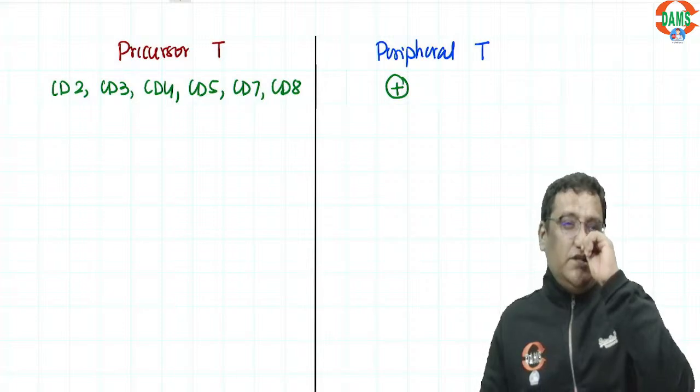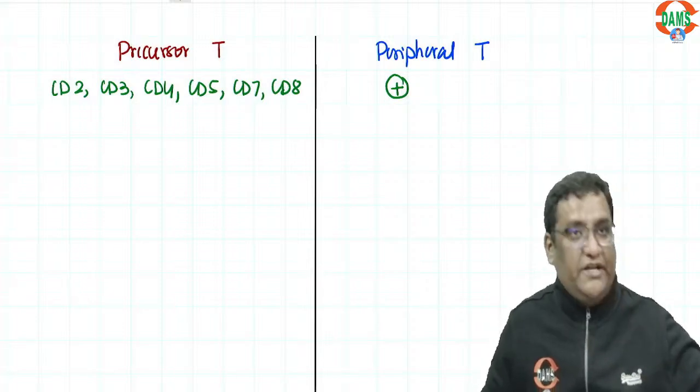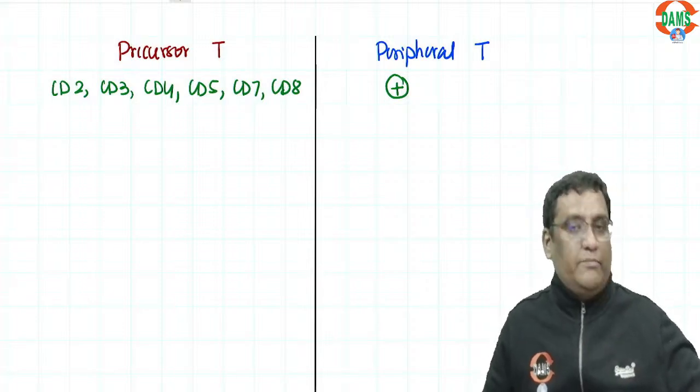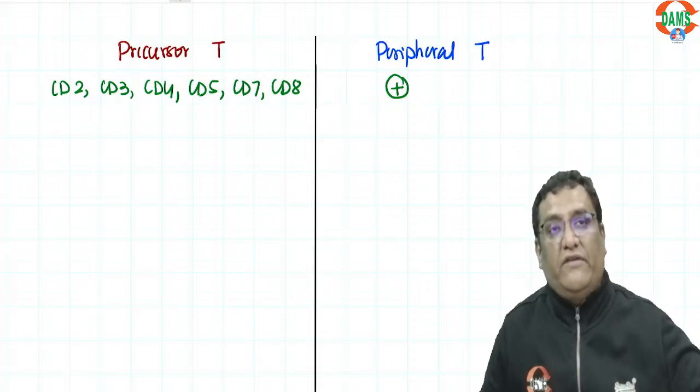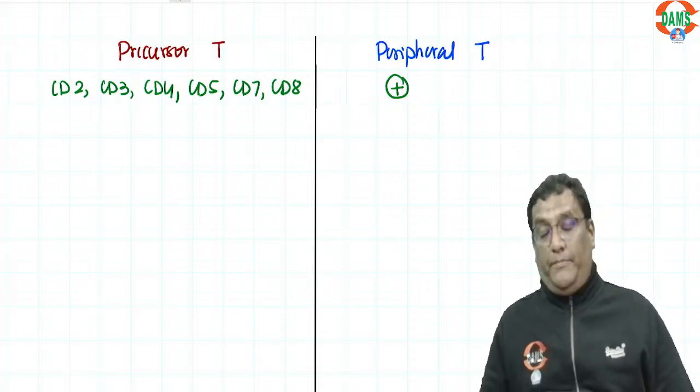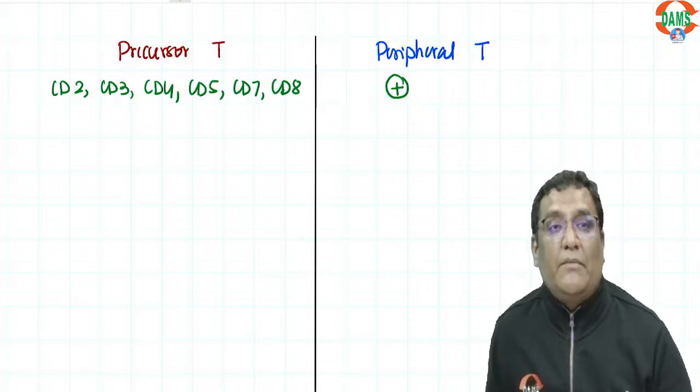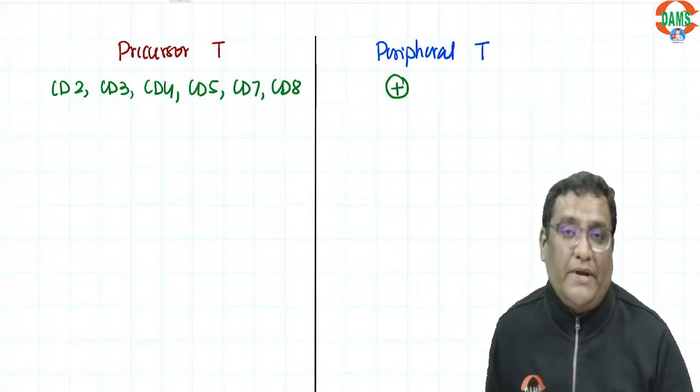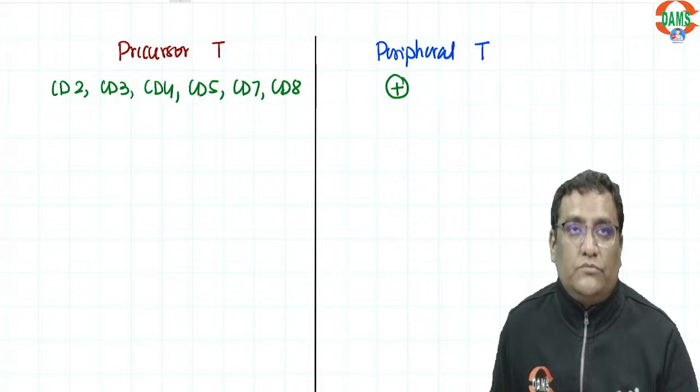What does that mean now? So tell me, all these markers that I have written here, are they only positive in precursor T or also present in peripheral T? Present in peripheral T as well. That means they are markers of all the T cells, not only precursor. Yes. So now let me talk about these markers further.